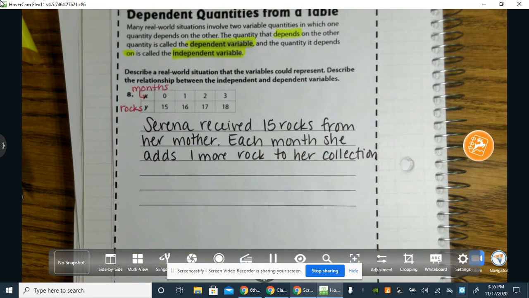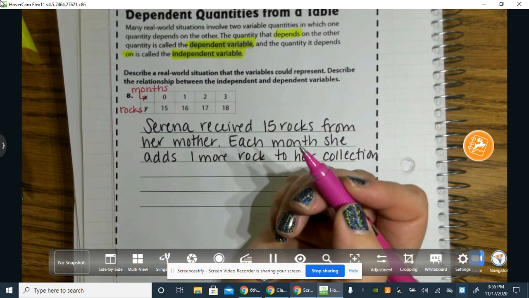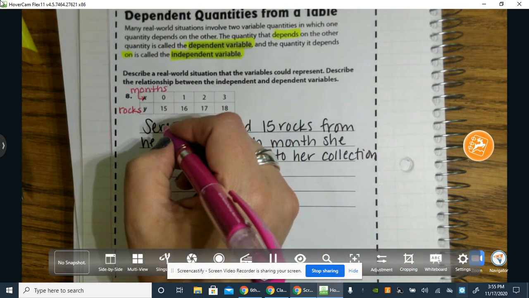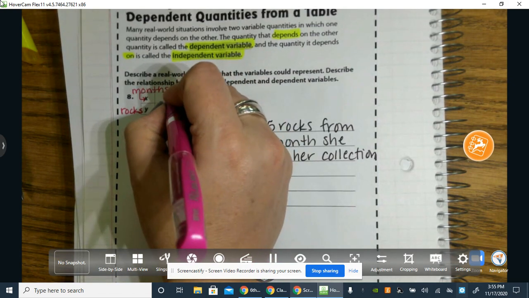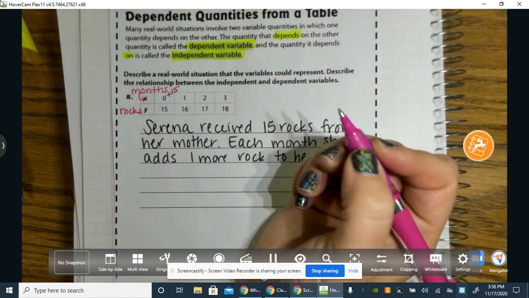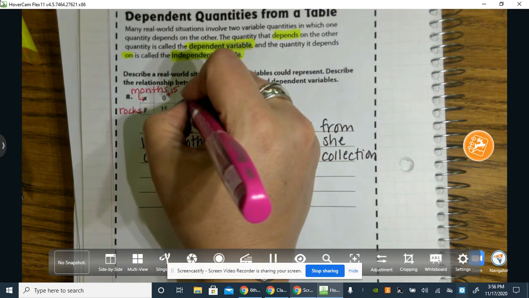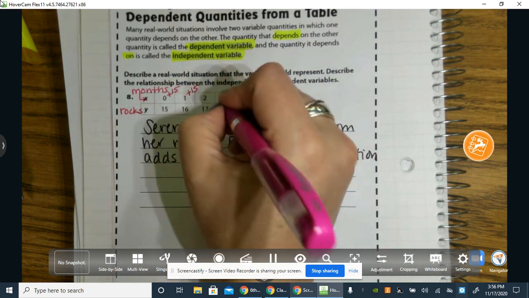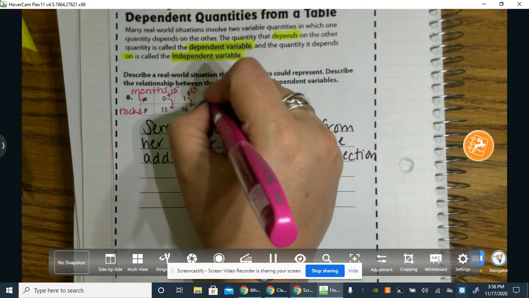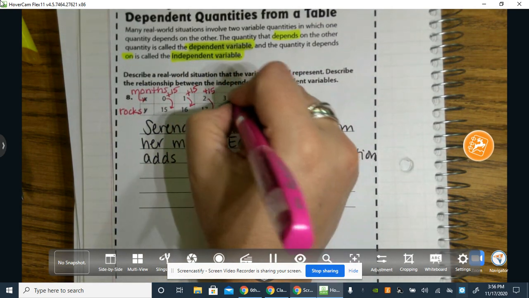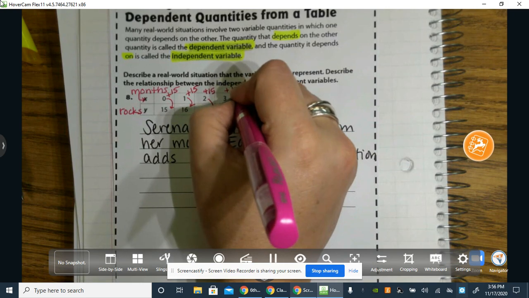So starting off at 0 months, before she even started, she had 15 rocks. So how did I go from 0 to 15? Well, I added 15. How did I go from 1 to 16? I add 15. You see that each time you're adding 15 to your X to get Y.